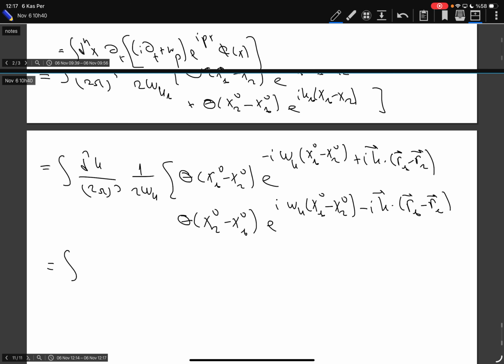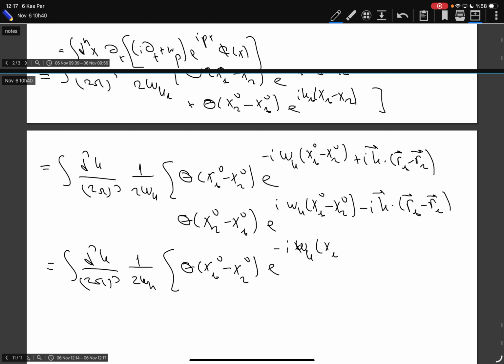Now I will do another trick, d cubed k divided by (2 pi) cubed, 1 over 2 omega k. I will leave the first term as it is. In the second term, I will change k to minus k. Omega k doesn't change. What do I gain by this? The space parts of the exponents are now equal.